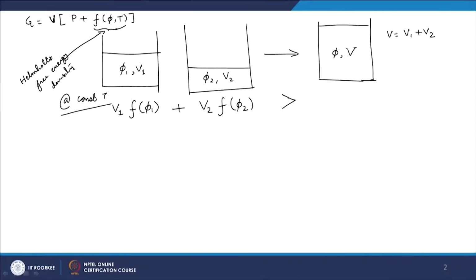The sum of the free energies of these two states is V1 f(phi1) plus V2 f(phi2). If this is higher than V f(phi), that is, if the final state free energy V f(phi) is less than the sum of the previous states, then the mixing will occur.